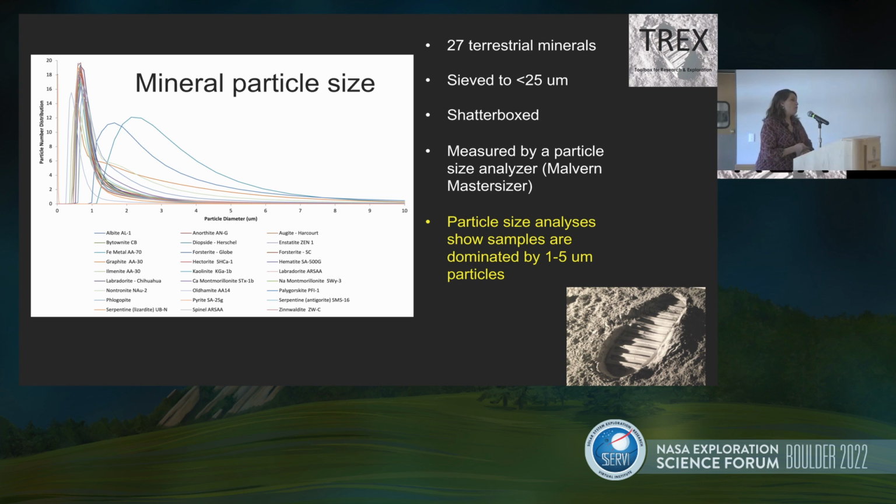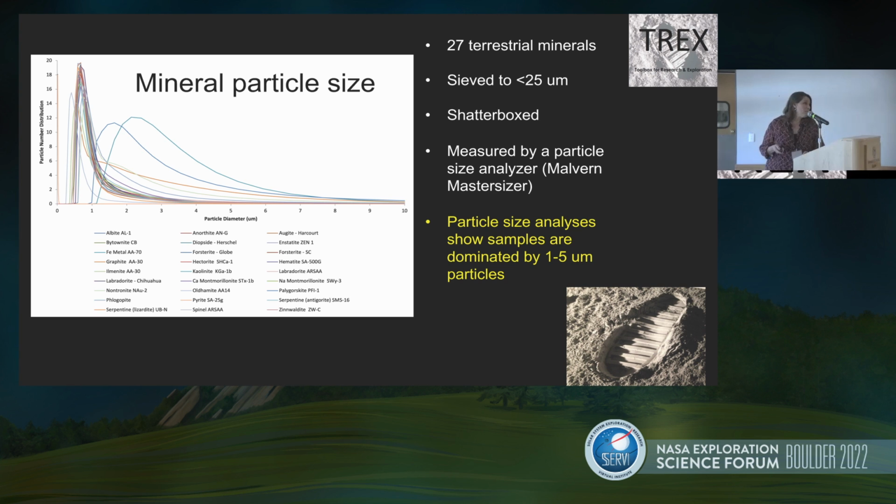So it was important for us to be sure that we understood the chemistry of our samples, because a spectral library is only as good as what you're putting into it, that you know what you're putting into it. So we've done electron microprobe data of all of our samples. And then, of course, because we're focused on the finest particle sizes, we needed to assure that we had what we were expecting.